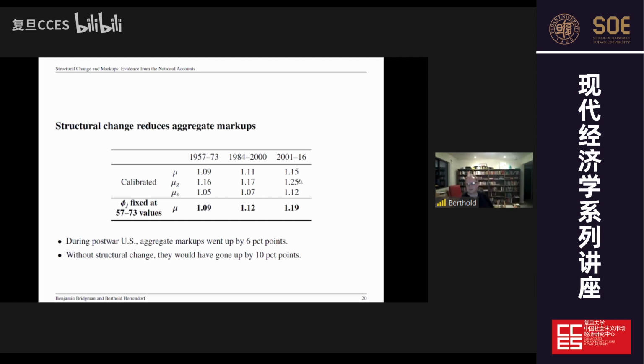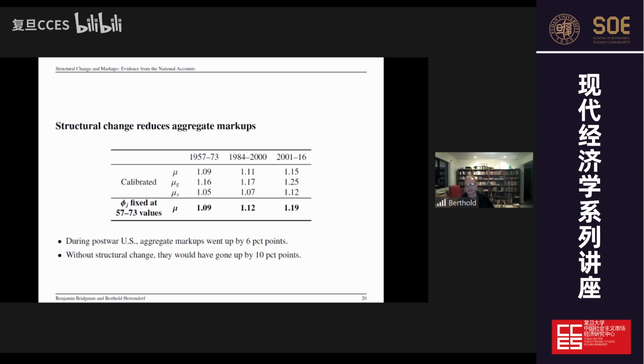Well, even in our simple aggregate framework, there's a 25% markup. Now, they find even more, but at least we get up to numbers which are not totally far away from what they do. But what we find through the sectoral composition and the changes of the sectoral composition is that an increase to 25% in a shrinking sector doesn't translate to the aggregate.